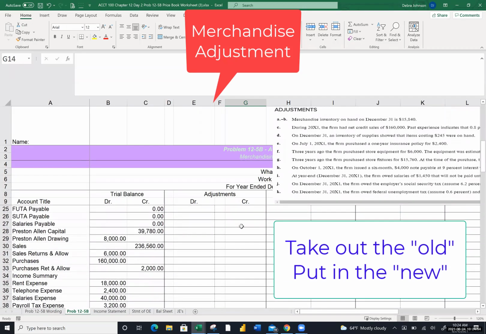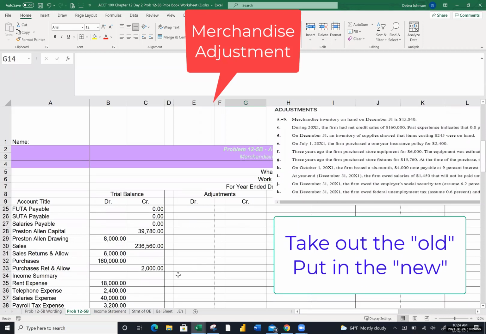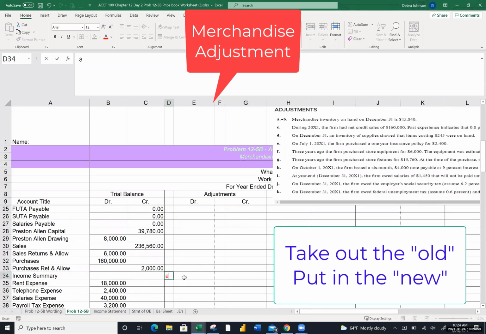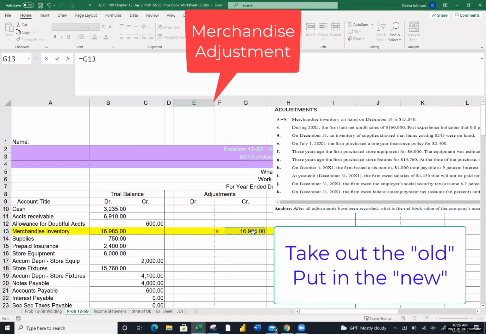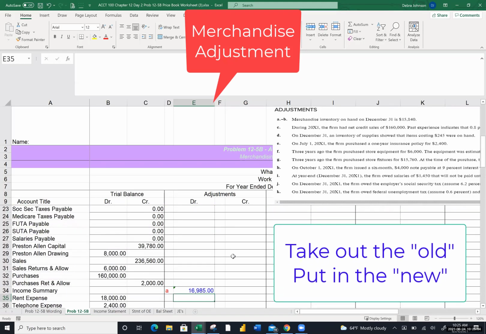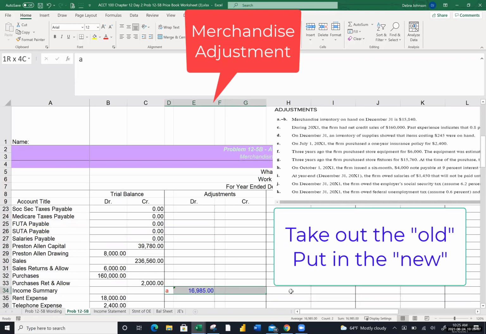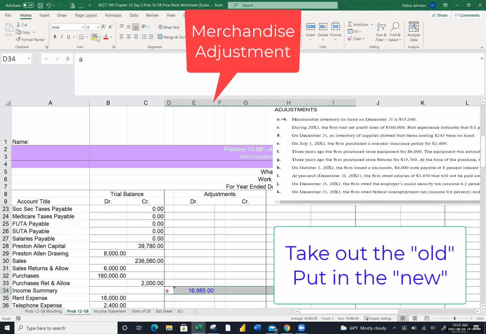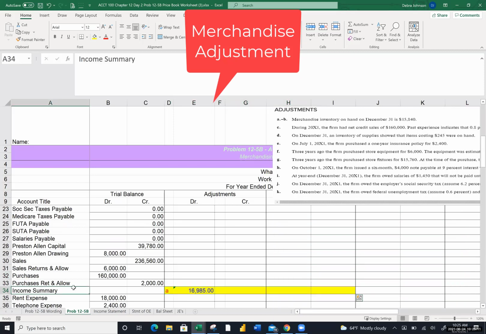Sometimes it's at the bottom, sometimes it's in the middle. So here it is, income summary. And I'm going to go grab that number because I can't remember what it was, 16,985. And I'm going to make this one yellow also because we're not used to seeing income summary on a worksheet.